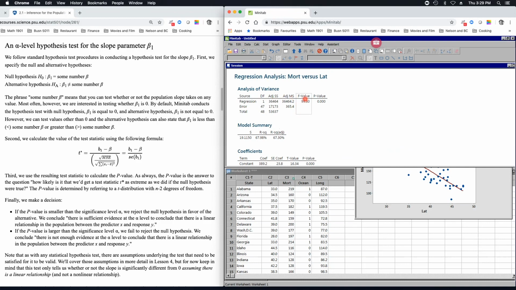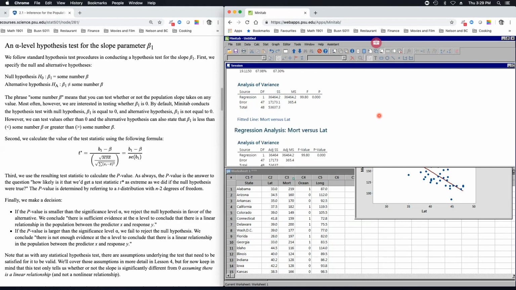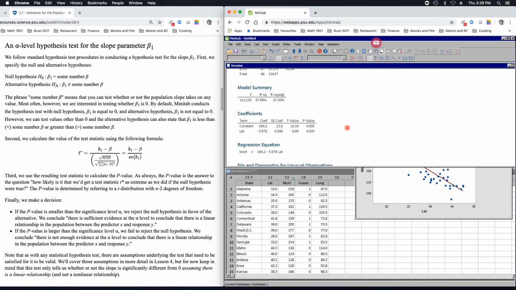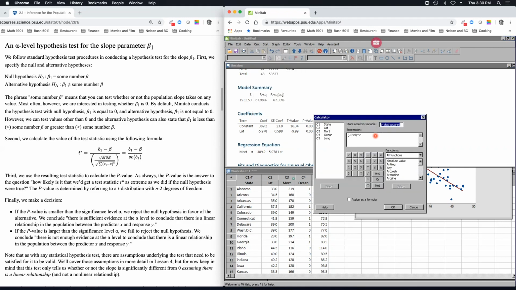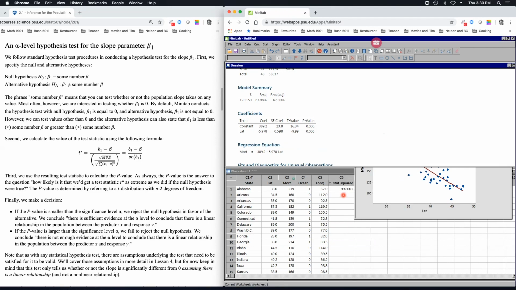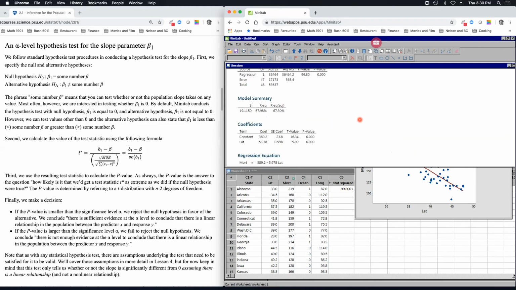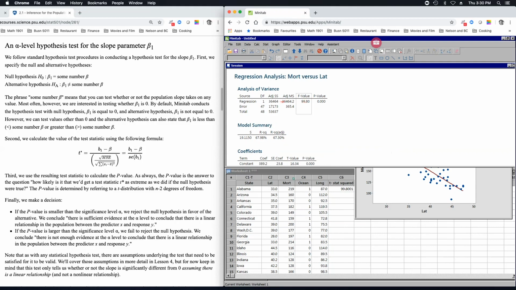But just briefly, there's an F statistic here, 99.8, and this F statistic is the square of the t statistic for the slope, minus 9.99. Let me just demonstrate that to you. Let's square the t statistic, so minus 9.99. If I square that, I get 99.8, and that's the same as the F statistic in the analysis of variance table.